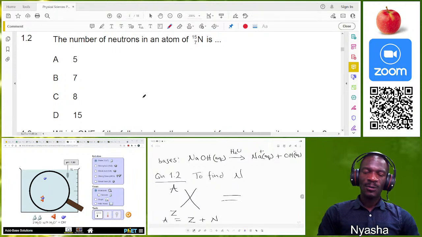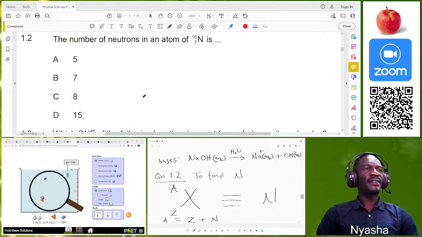So if we compare this to the nitrogen that we are given here, the nitrogen has a Z of 7 and an A of 15. Let's compare this nitrogen to nitrogen.